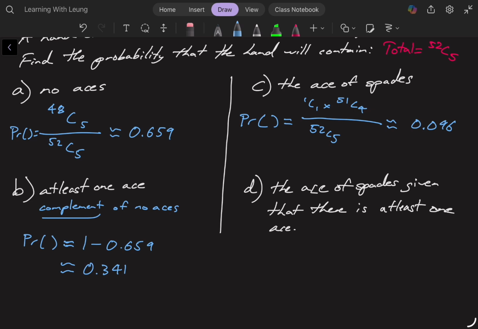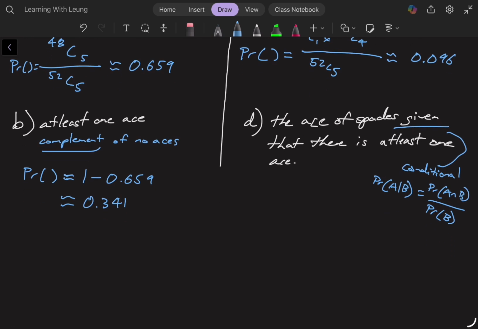All right, the last one, the ace of spades, given that there is at least one ace. Given means conditional, which means we need to remember our conditional formula, that is the probability of A given B equals the probability of the intersection, A and B, over the probability of B. Okay?